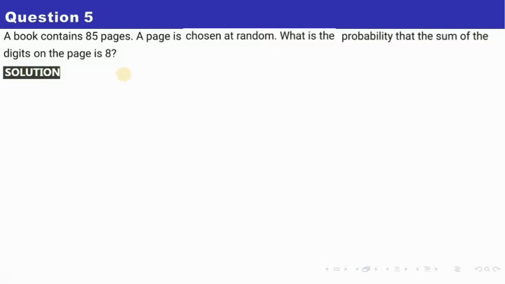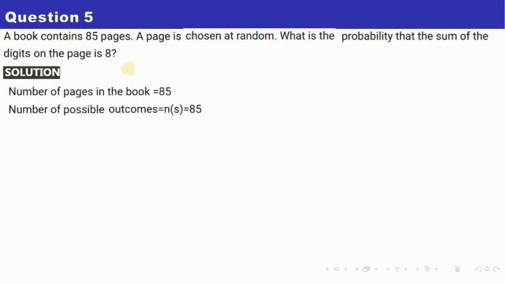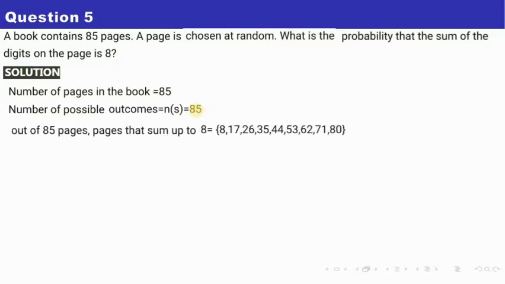Now let us see what is the total number of possible outcomes. Since you have got 85 pages, basically you can choose any one of them. So the total number of possible outcomes will be 85 in this case. And your event is to get a page whose sum is going to be 8, right?